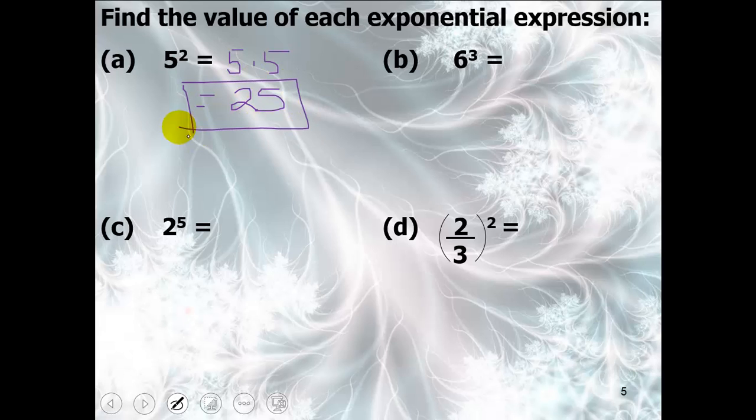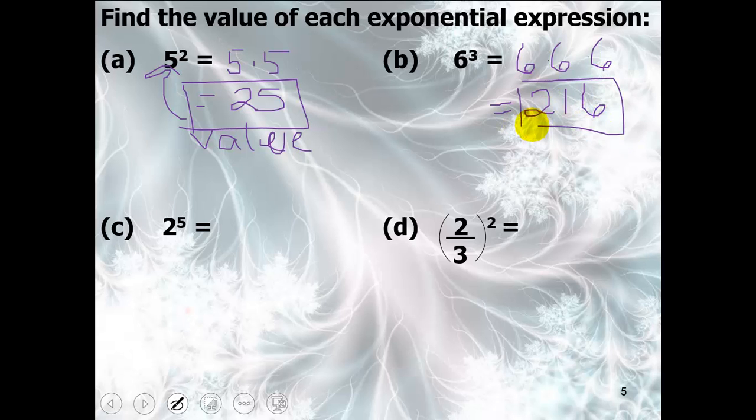This is the value of this exponential expression. 6 cubed is 6 times 6 times 6. 6 times 6 is 36, times 6 is 216. This is the value of this exponential expression. You try C and D.